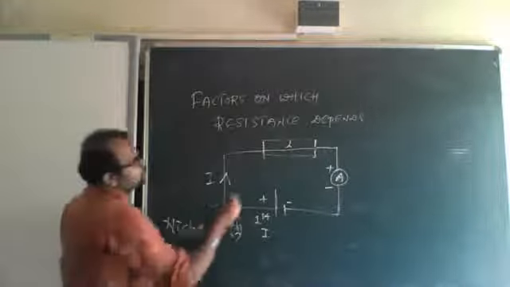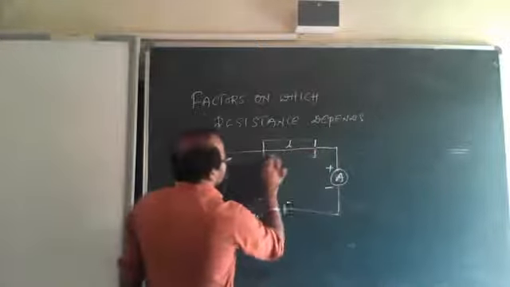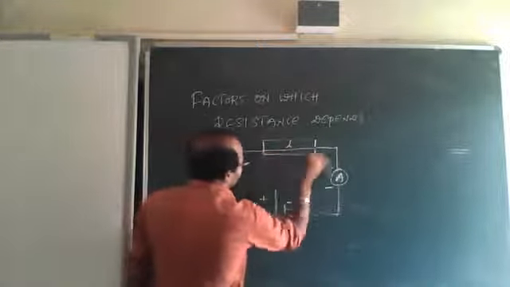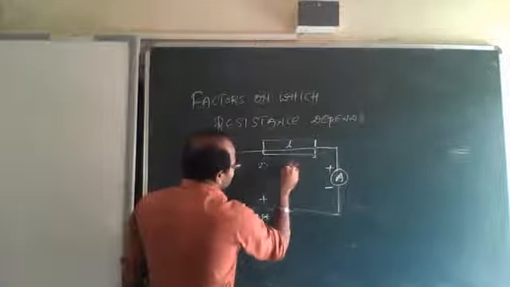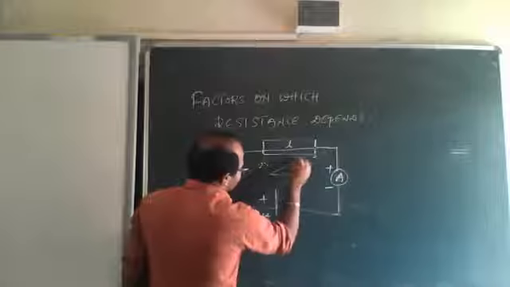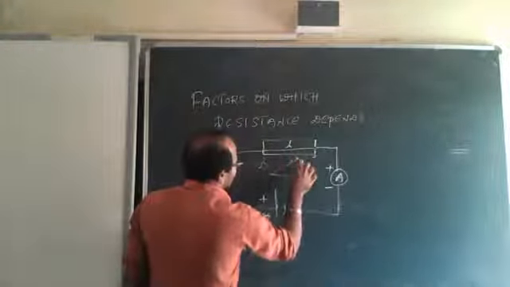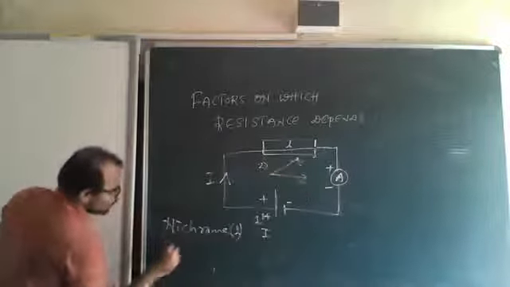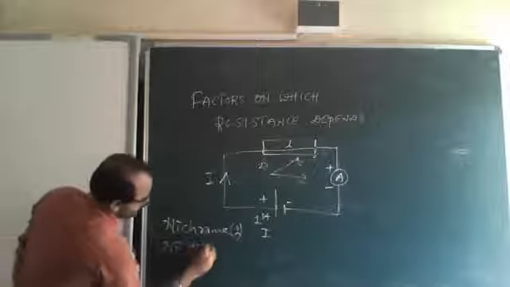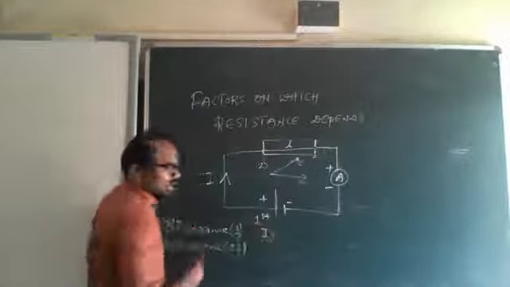Second, what will I do? I will replace this with the same nichrome wire, but the length is double, 2L. Here is L, here it is 2L. This time also I is noted down.